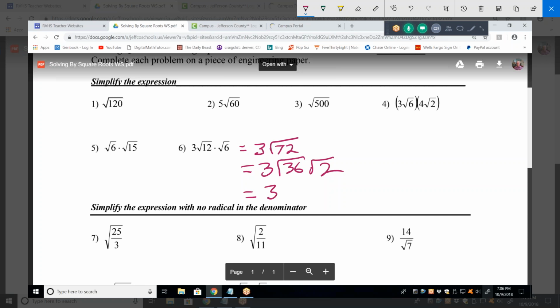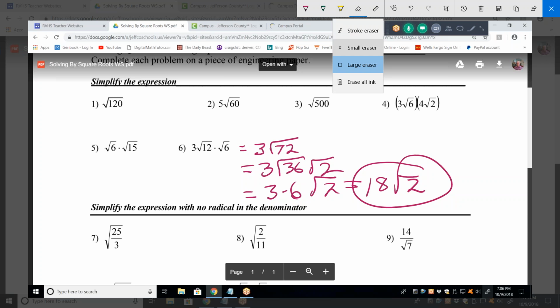Okay, so it's 3 times 6, which is 18 square root of 2. 18 root 2. Not 30. Okay. 18 root 2. And again, we end up with a root 2 that we didn't even start with. The last 3 problems, we end up with a radical, and it's not in any of the problems. But that's okay.